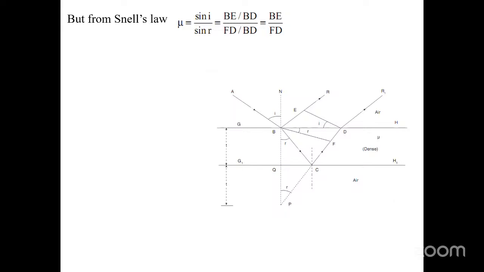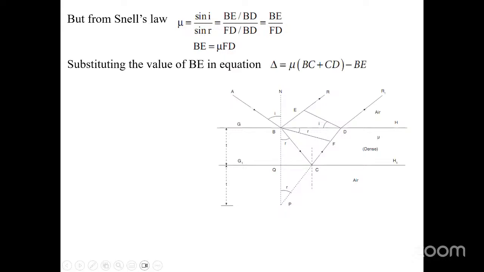BD gets cancelled, remaining BE by FD. So BE equals mu into FD.